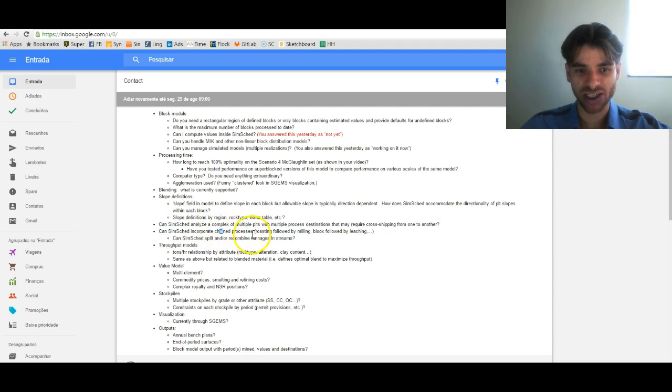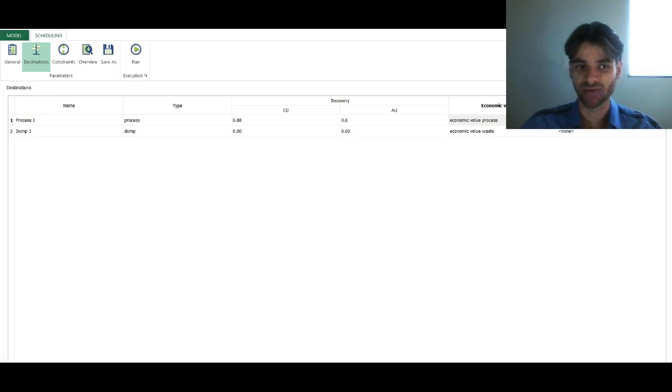Can SimSched incorporate chained processes, roasting followed by milling and so on? Not completely. Indeed, this is also not ready and easy on the interface. What you would need to do to help you is model all the possible paths for a block.